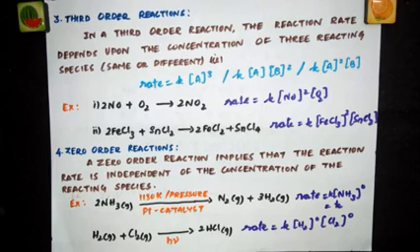In such cases where the reaction proceeds in multiple steps, the order is expressed with respect to the slowest step, which is also called the rate determining step. So when we write the order of the reaction in terms of the slowest step, then that reaction is a multi-step reaction, or we can call such reactions complex reactions.